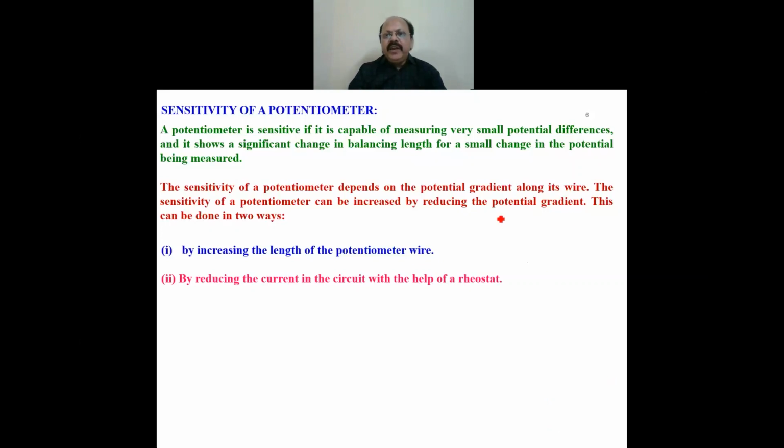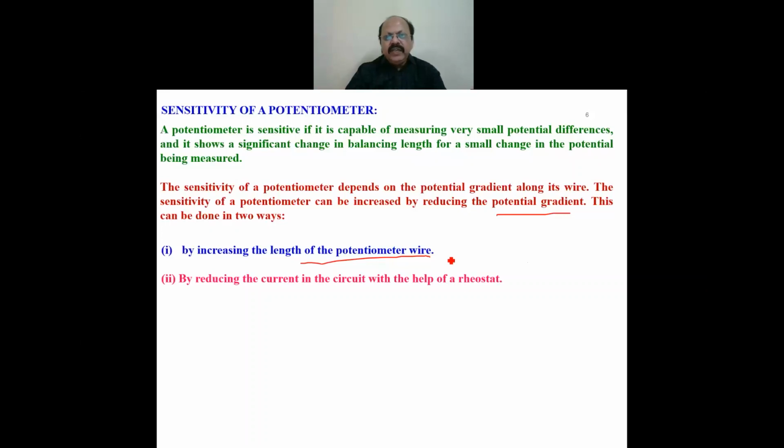And the potential gradient, you know that phi is equal to V upon L. So potential gradient can be reduced by increasing the length of the potentiometer wire, but if you are using a 4 wire potentiometer, then length is fixed. If you are using a 10 wire potentiometer, then length is fixed.